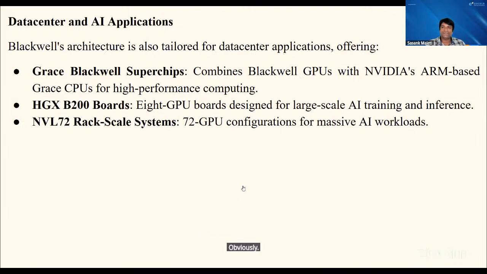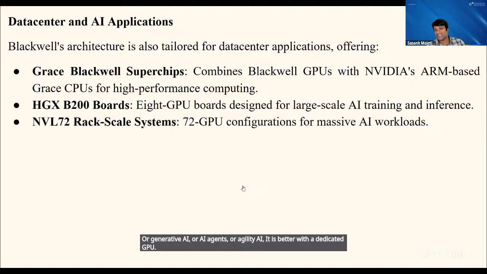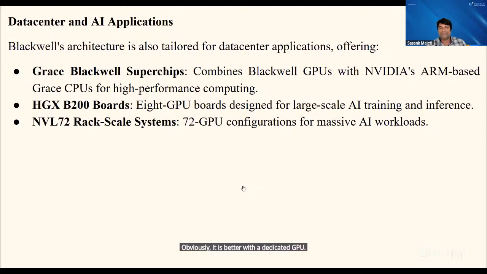Obviously, AI or generative AI or AI agents or agentic AI, it is better with a dedicated GPU, particularly GPUs like Nvidia. But there is one thing. Intel is trying its best in the GPU part to give good competition to the Nvidia GPUs.